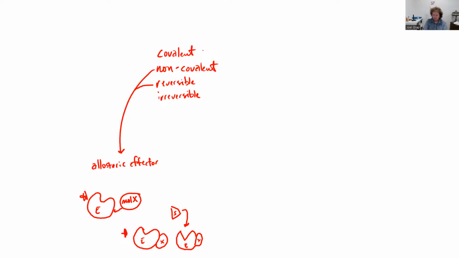Okay, now let's talk about covalent interactions and covalent regulation. Covalent regulation opens up a very large range of modifications to proteins or enzymes, which are referred to as post-translational modifications, or as I'm going to call them, PTMs. And the key here is it's post-translational.